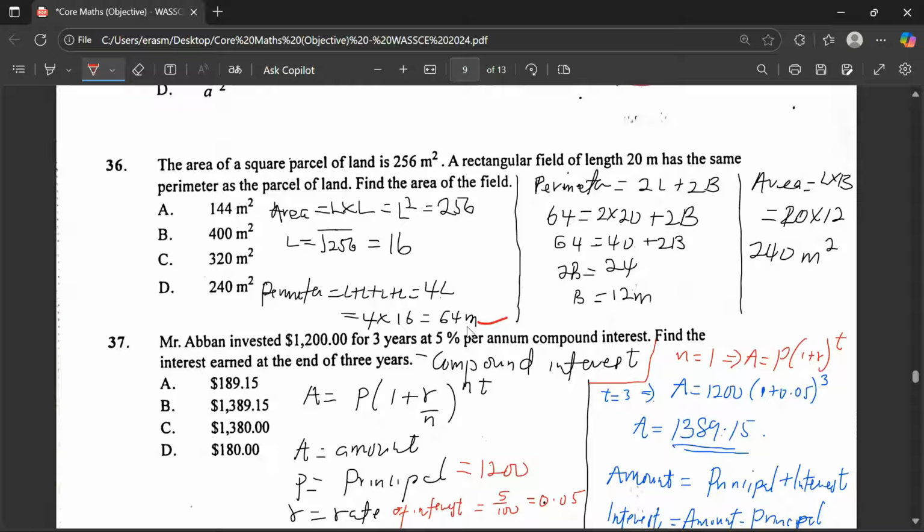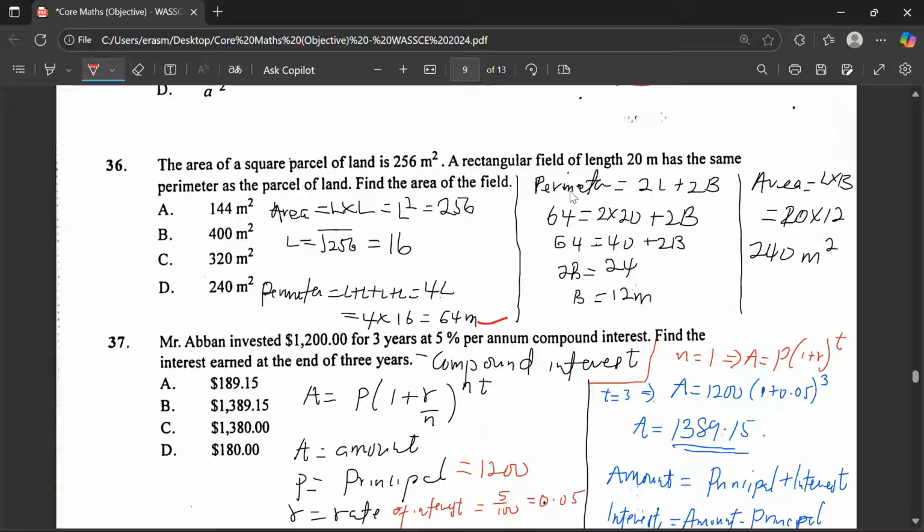That is the perimeter. So from the question, it says that a rectangular field of length 20 meters has the same perimeter as the parcel of land. So that means the rectangular field has a perimeter of 64, right?